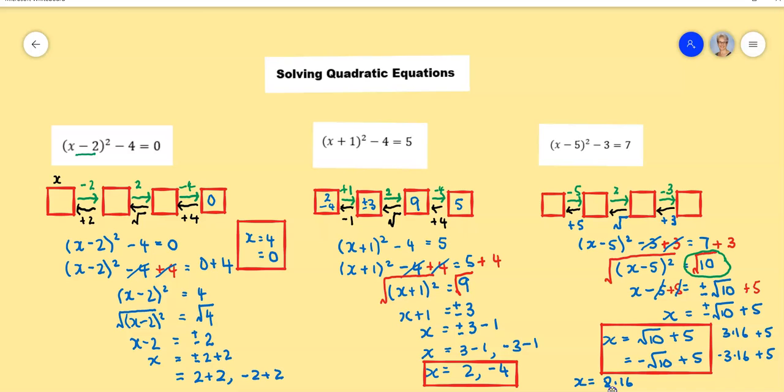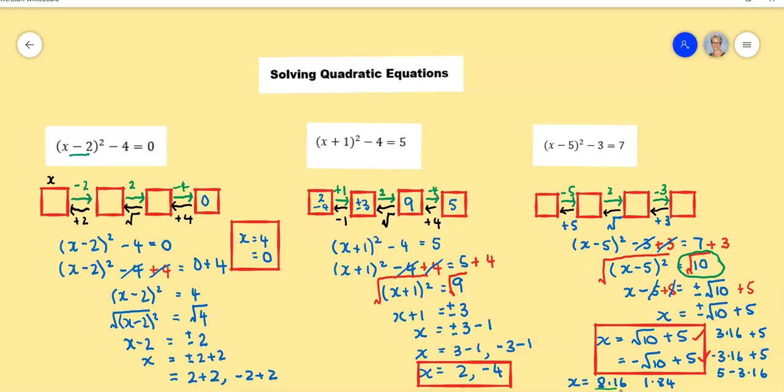And I could write the other as 5 minus 3.16. That's another way to write it. So 5 minus 3.16 will be 1.84. So those are my approximate answers. Here are my exact answers, and here I have my approximate answers.